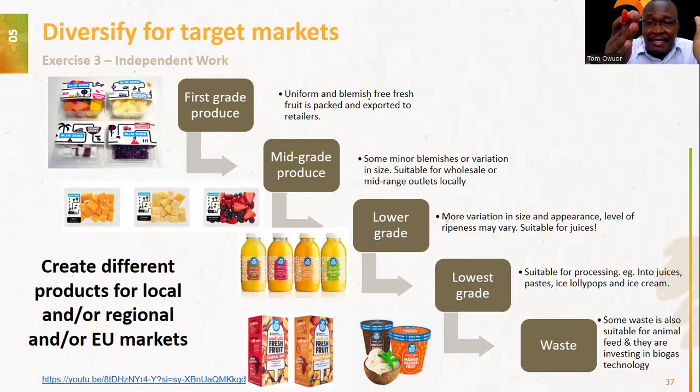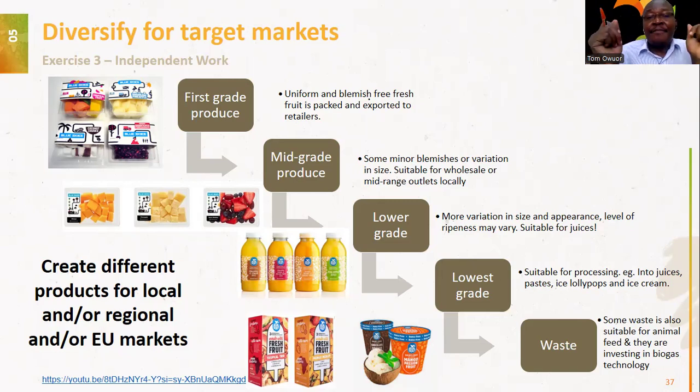The first grade, let me use, say, avocados, or rather mangoes. The first grade of fresh mangoes goes to the export market. The second grade, the mid grade, definitely without blemishes, is suitable for wholesale or mid-range outlet markets locally.